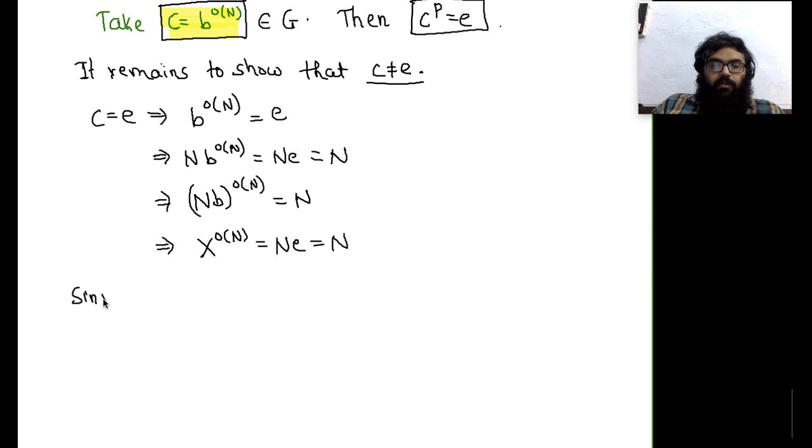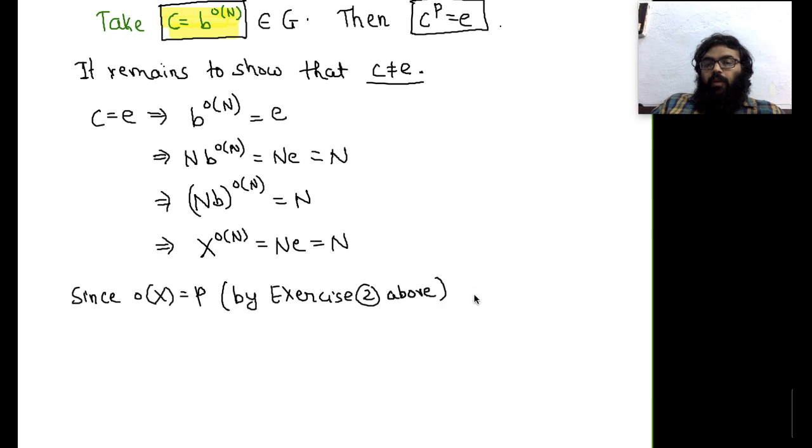Since order of x equals p, this is just for our reference, by exercise 2, p divides, what should p divide? p divides this power, p divides order of n, which is a contradiction.